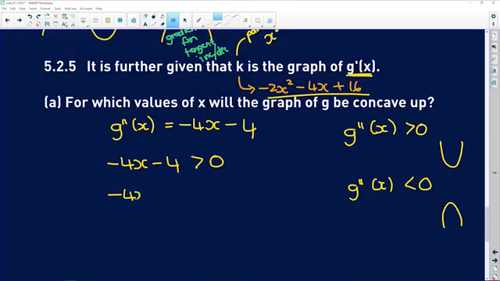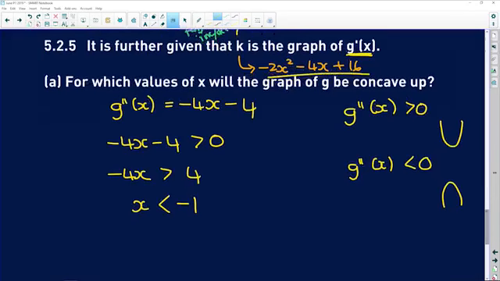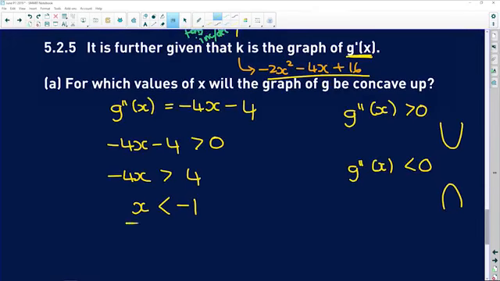So negative 4x is greater than 4. And now if we divide by a negative, the inequality swaps sides. So we get x is less than negative 1. Okay, so for every value below negative 1 of x, the original function is going to be concave up.